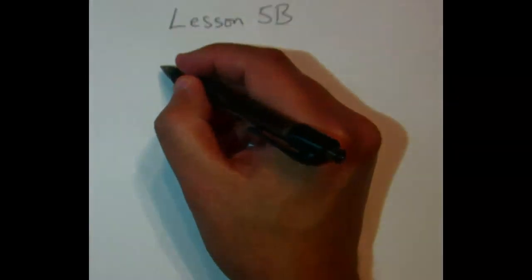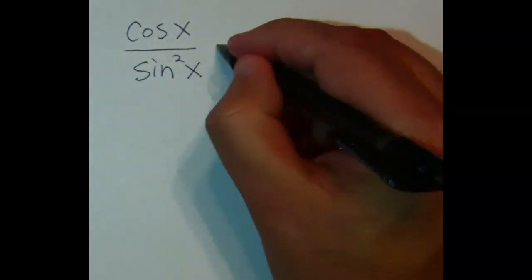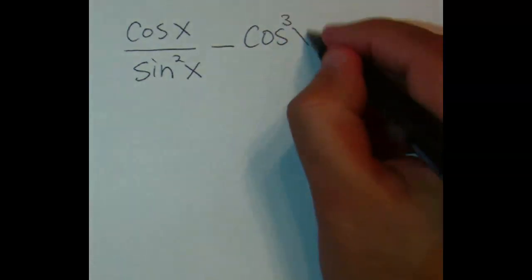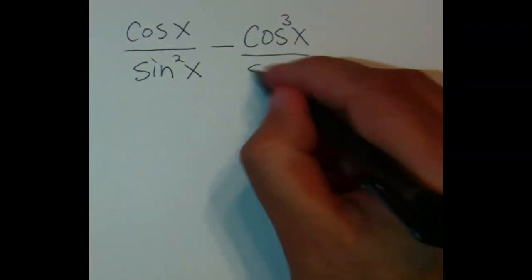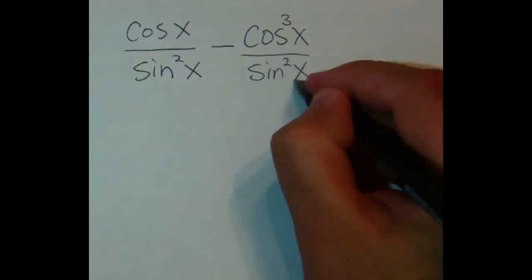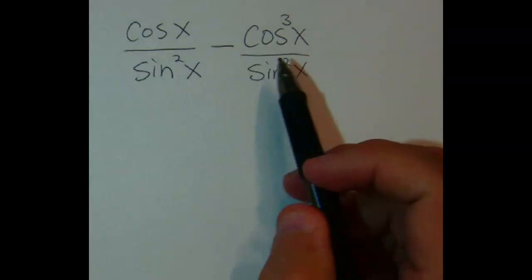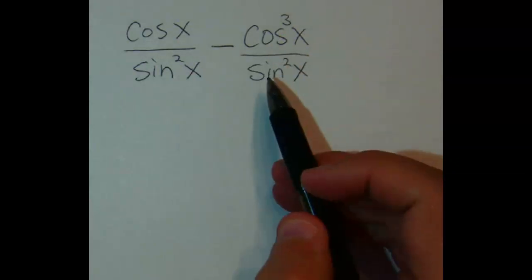So let's say we have cosine x over sine squared x minus cosine to the third power x over sine squared x. In this problem, you'll notice that we have common denominators.